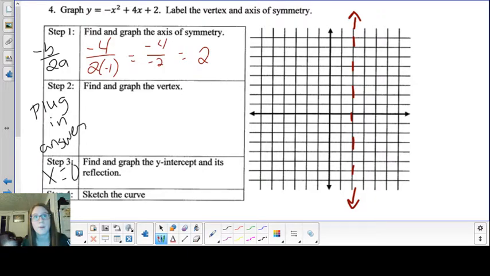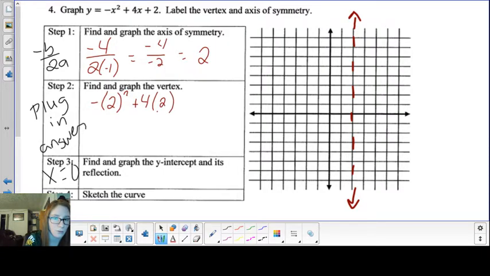Next, I'm going to go ahead and plug in that 2. So I have negative 2 squared plus 4 times 2 plus 2. Negative 2 squared is 4, but I have this negative outside here. So I have negative 4 plus 8 plus 2.